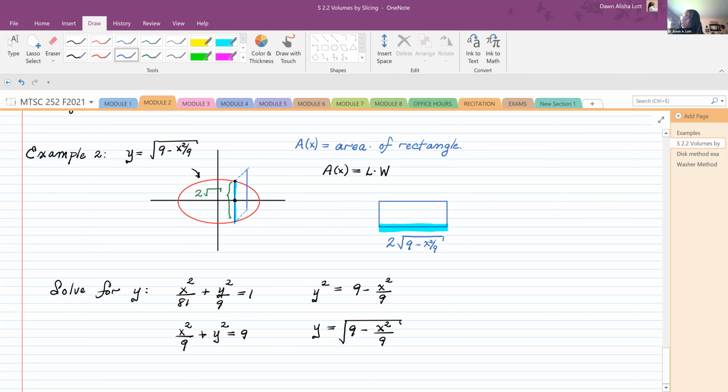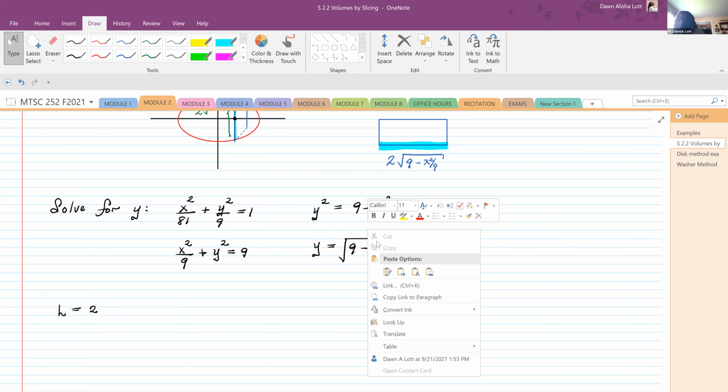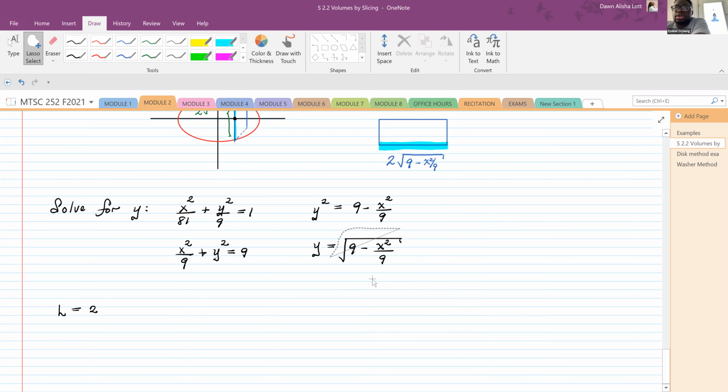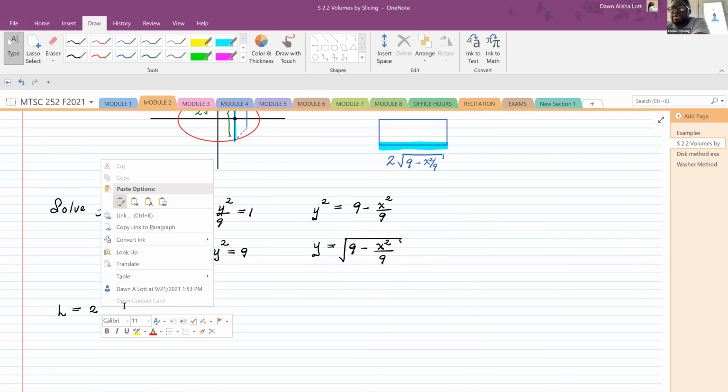So now I can say the length is 2 times the square root of 9 minus x squared over 9. Dr. Locke, sorry to interrupt, but just for clarification, the shorter part of the rectangle is the square root of 9 minus x squared over 9?